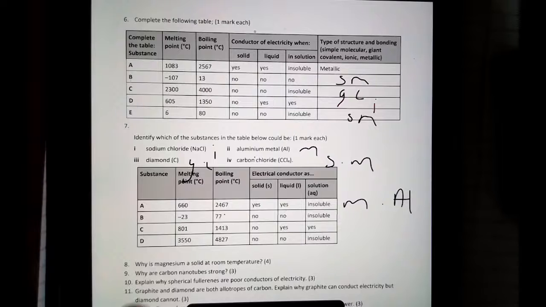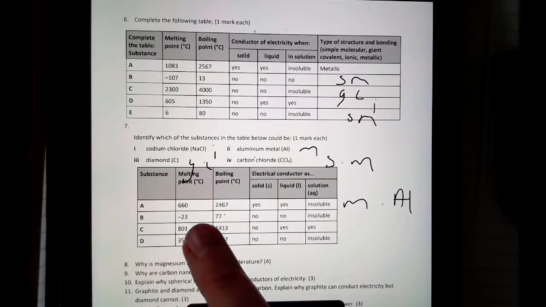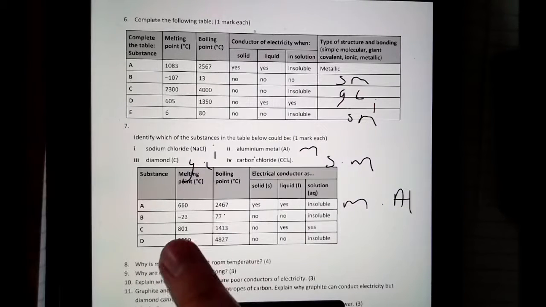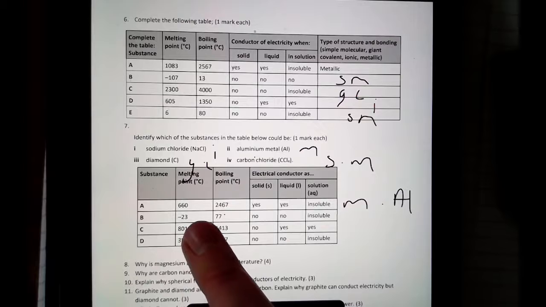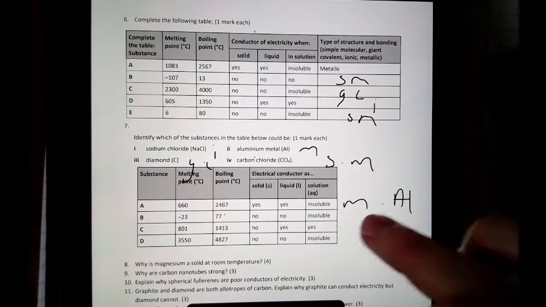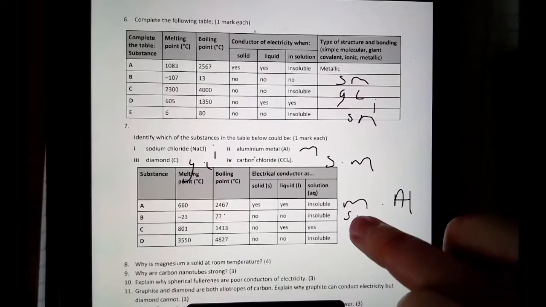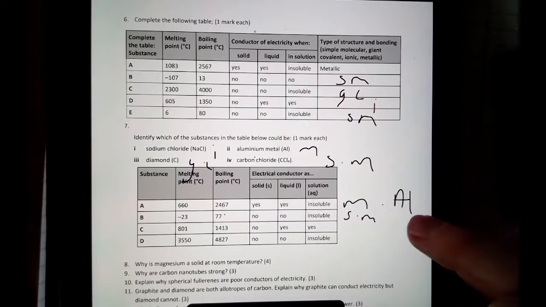If I look at B, I've got a really low melting point and a relatively low boiling point. That tells me weak forces. If it's weak forces, the only weak force we've learned about is intermolecular forces, which occur in simple molecules. So B must be CCl4.